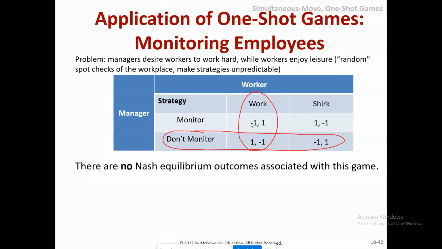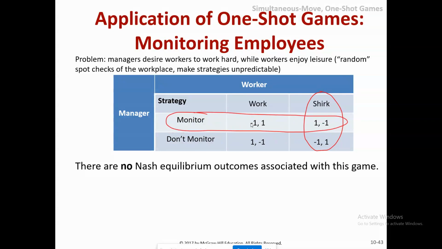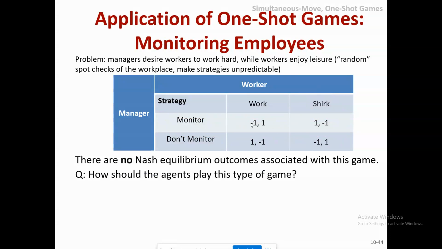And if the manager's strategy is don't monitor, then the worker will be better off by switching to shirk. And if the worker's strategy is shirking, then the manager's strategy better be monitoring. Therefore, this paradox never ends.